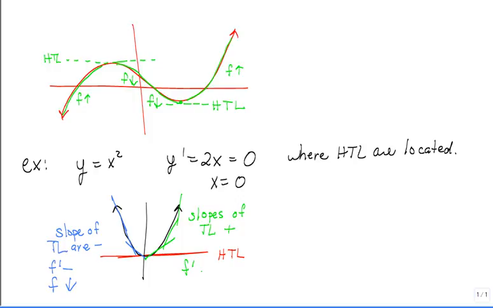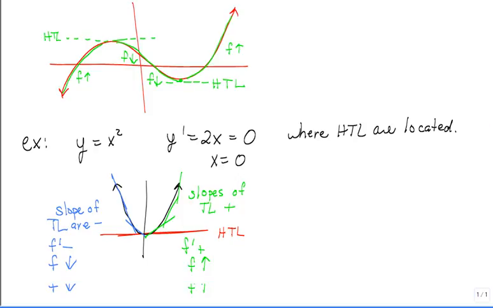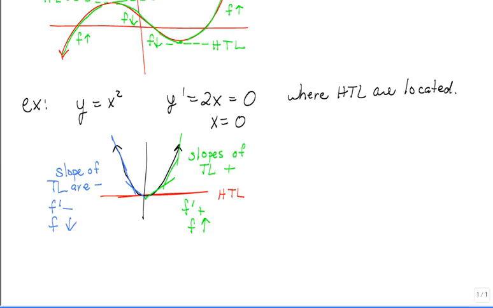So over here, f prime is positive and f is increasing. So this is called the first derivative test, or, well, it leads us to the first derivative test.